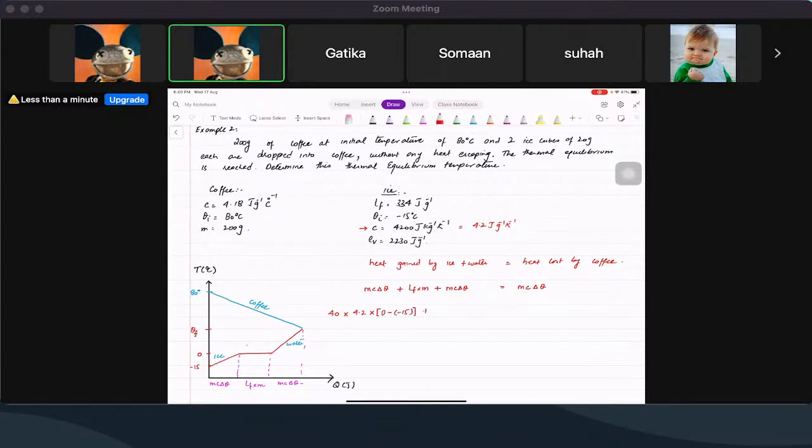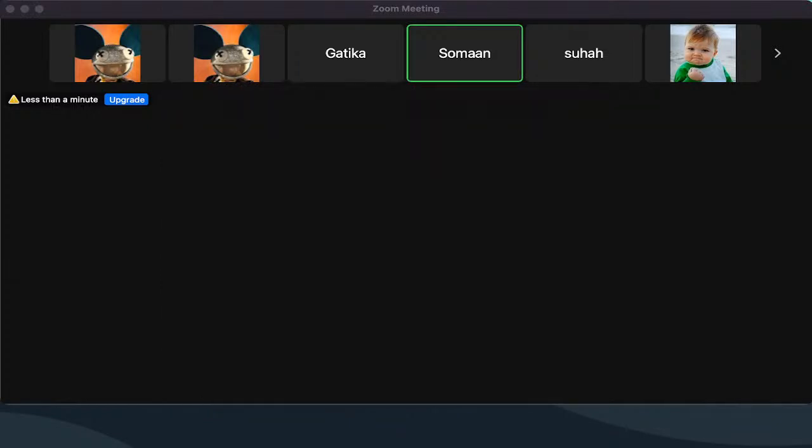Now the latent heat of fusion of ice is 334 times 40 grams, plus, when the ice melts, 40 grams of water will form, which means 40 grams, 4.2 is the heat capacity, and the delta theta goes from 0 to the final temperature. Is it clear? Sir, where is 40 grams coming from? One ice cube is 20 grams, so there are two ice cubes.